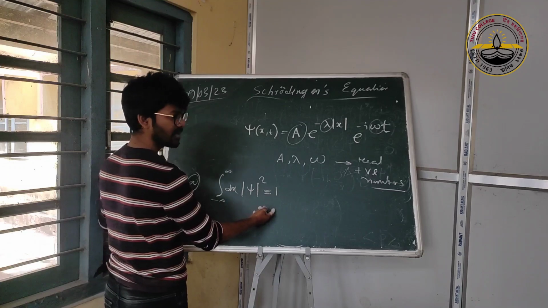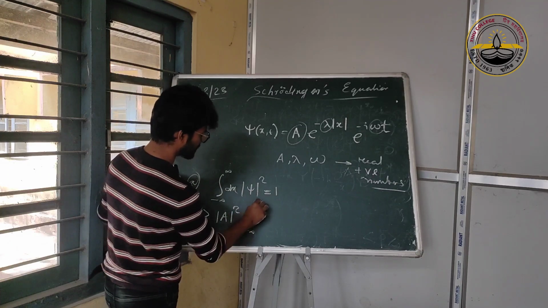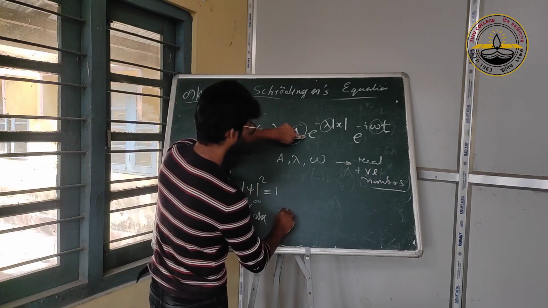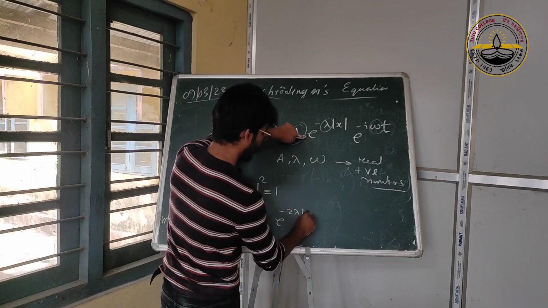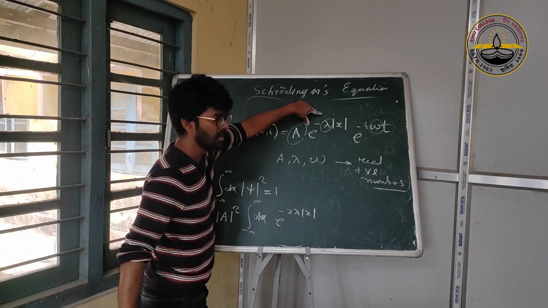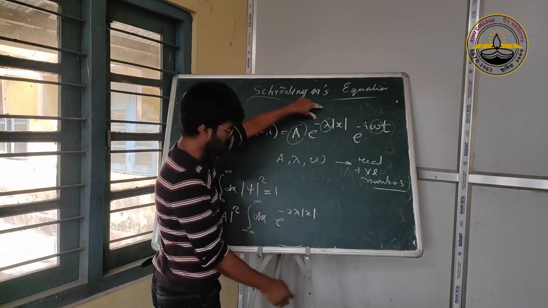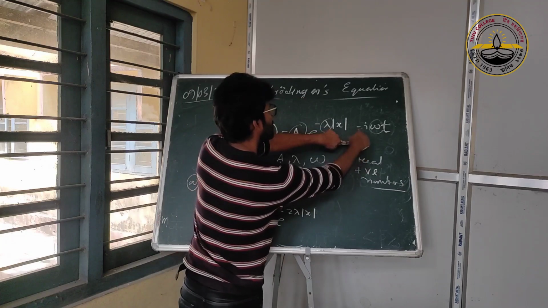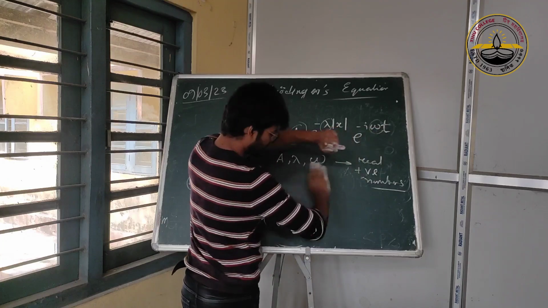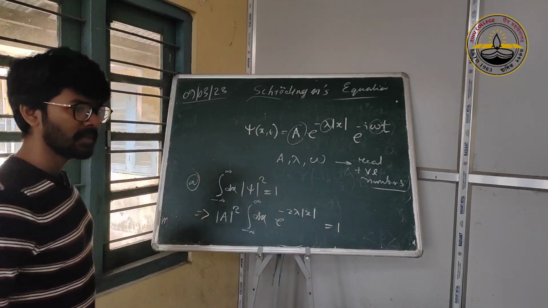When you do that, mod a square will come out, then the integral of e to the power minus 2 lambda mod x. This is real, so this becomes a square, and this is e to the power i something, so e to the power minus i into e to the power plus i goes away. This must be equal to 1, right?